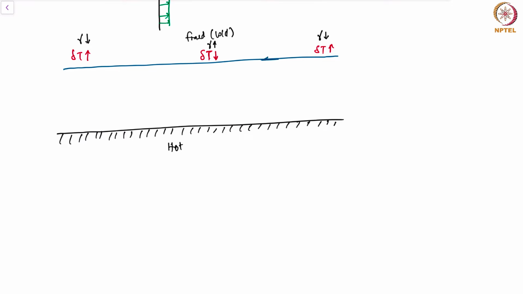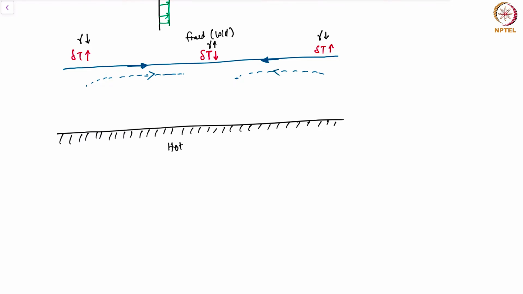So at the interface, we have a motion in this way, a motion that is basically along the interface, which has to be consistent with motion in the bulk.